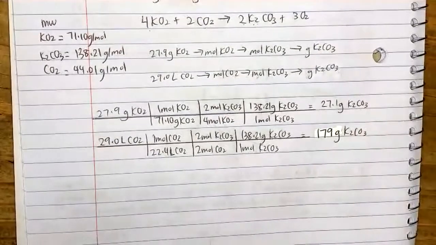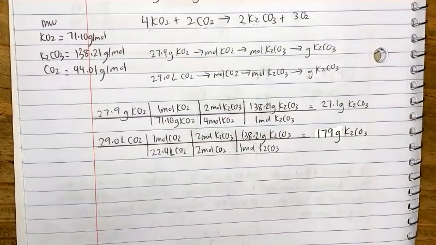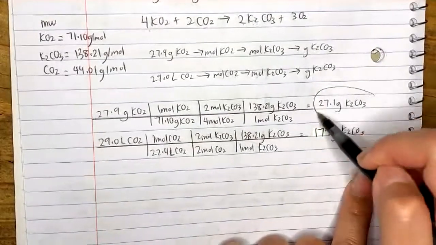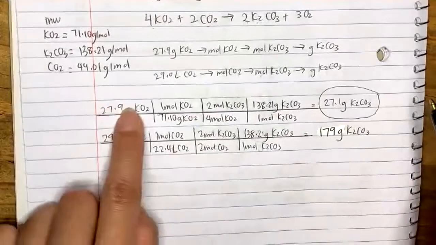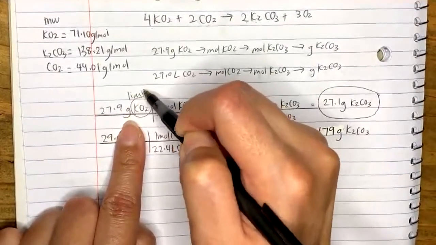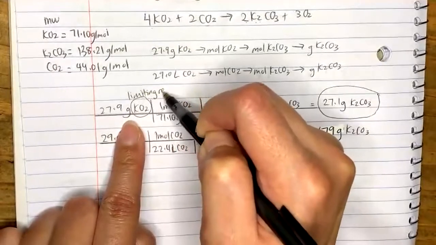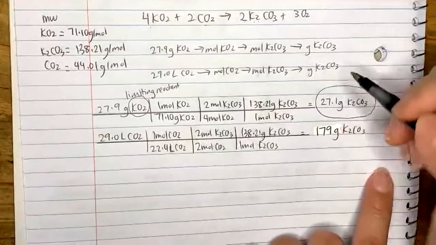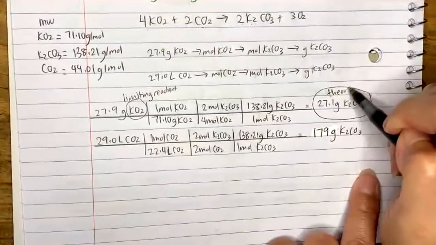Anyway, that number didn't matter because that's way too big. That's impossible. Once you make 27.1 grams, you run out of KO2. This is my limiting reactant. That's my theoretical yield.